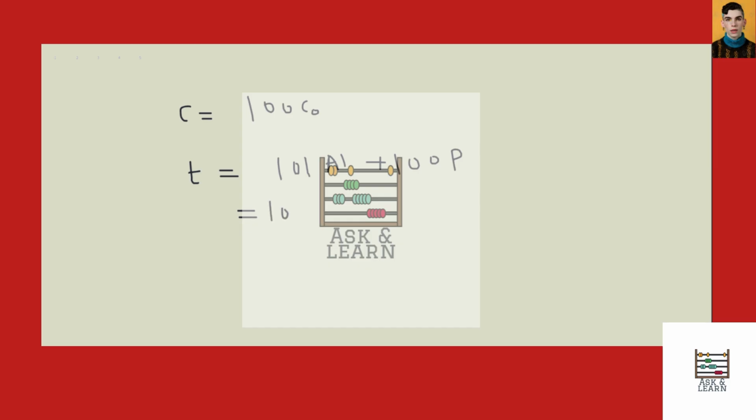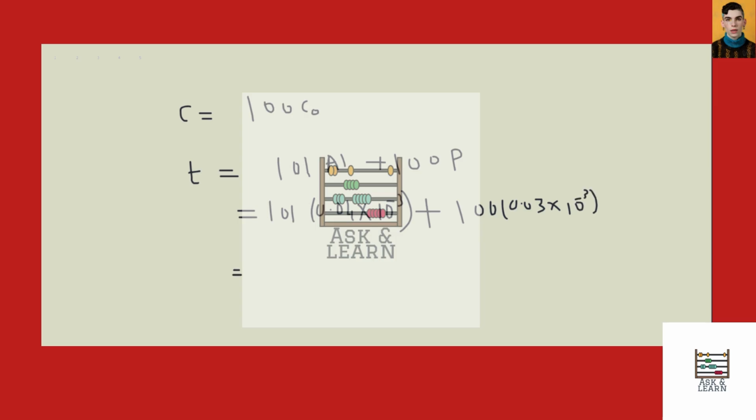So we know that each aluminium sheet has a thickness of 0.04 millimeter, so we must multiply by 10 power negative 3, and paper has a thickness of 0.03, 10 power negative 3 again.